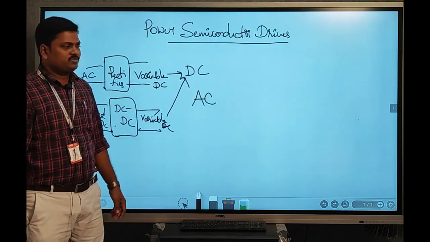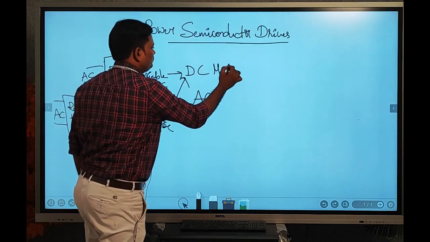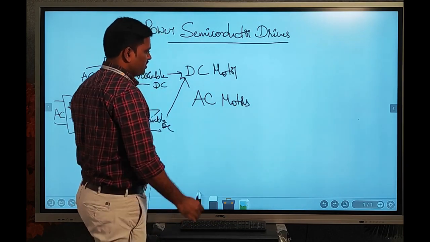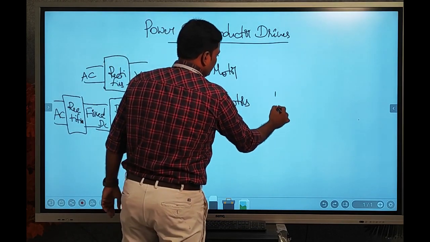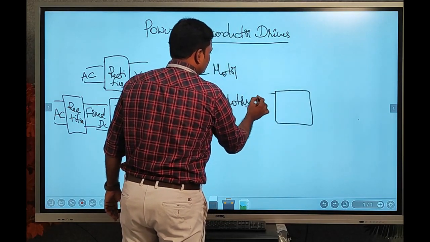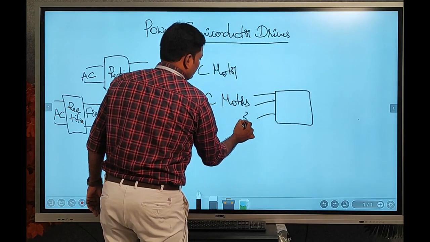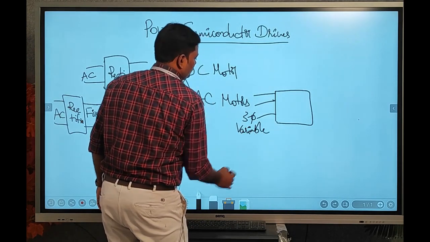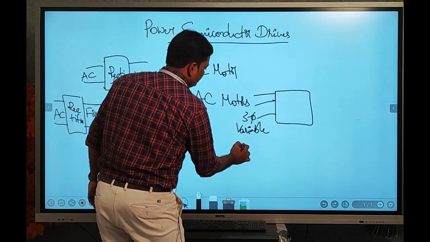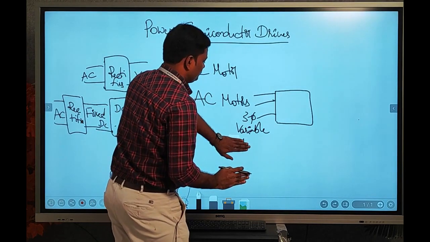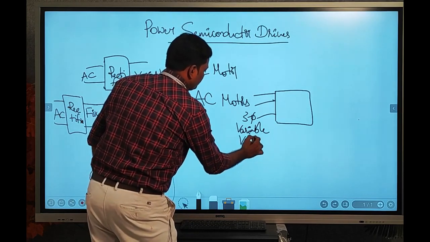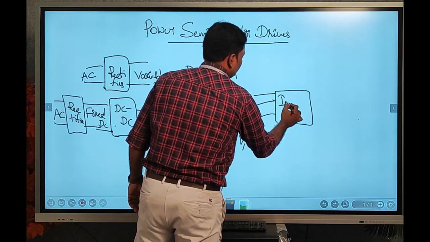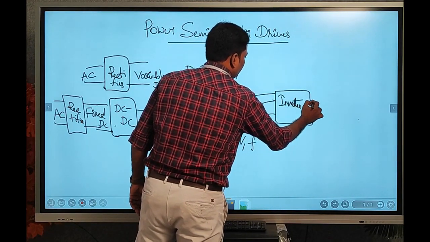DC motors. How about AC motors? AC motors need three phase variable voltage and variable frequency supply, and this can be our inverter.